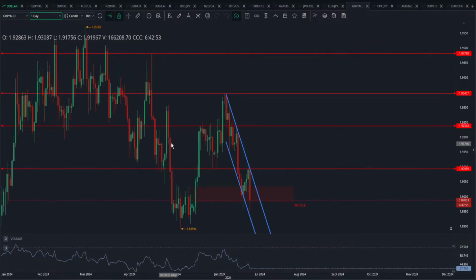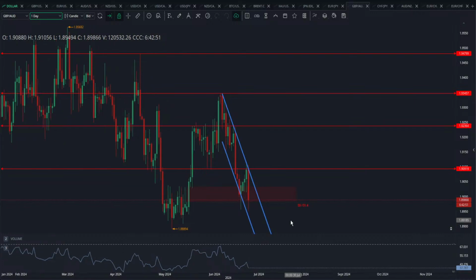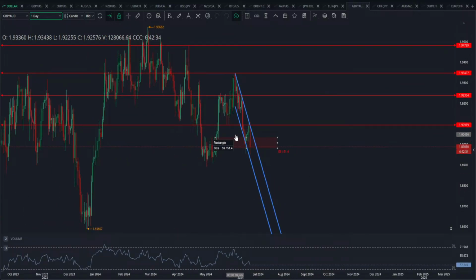When you go on the daily, you will see that the price is again at the same level from where the initial buying started. Now will it be able to go higher? I'm not sure. But yes, the pound is looking very weak against the US dollar, and the pound Australian dollar is looking very strong. So that is suggesting to me that lower prices on the GBP AUD are there on the chart.